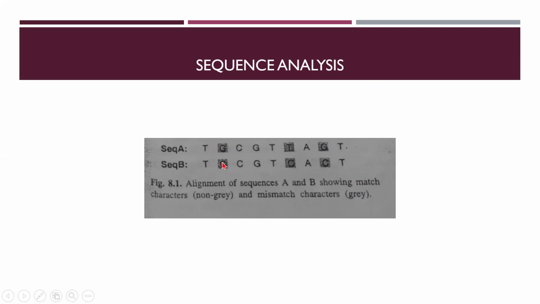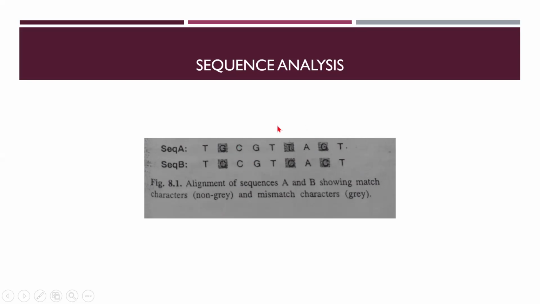The identical characters in the same column are called matches. So this picture shows you the alignment of sequences A and B showing match characters. Match characters are represented non-gray, that means non-shaded, and mismatch characters are represented by the shaded characters.